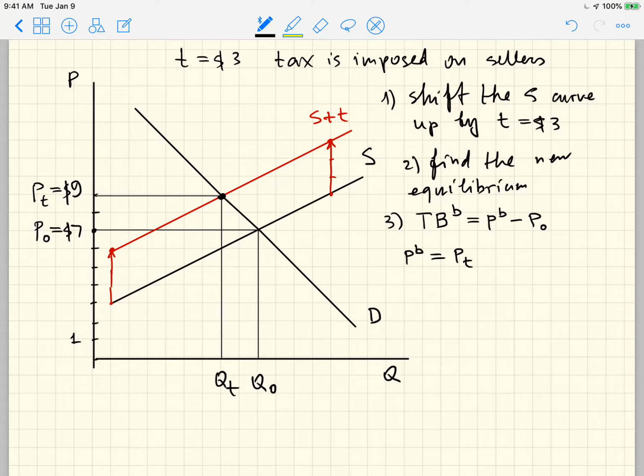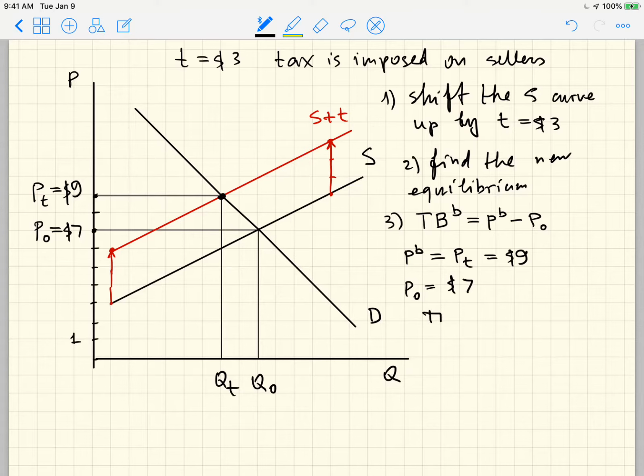Because in this new equilibrium, buyers are not paying the tax, so whatever they pay to sellers based on the new equilibrium price, well, that's the end of it for them. So PB is just PT, which is $9. And of course P0 is just $7.